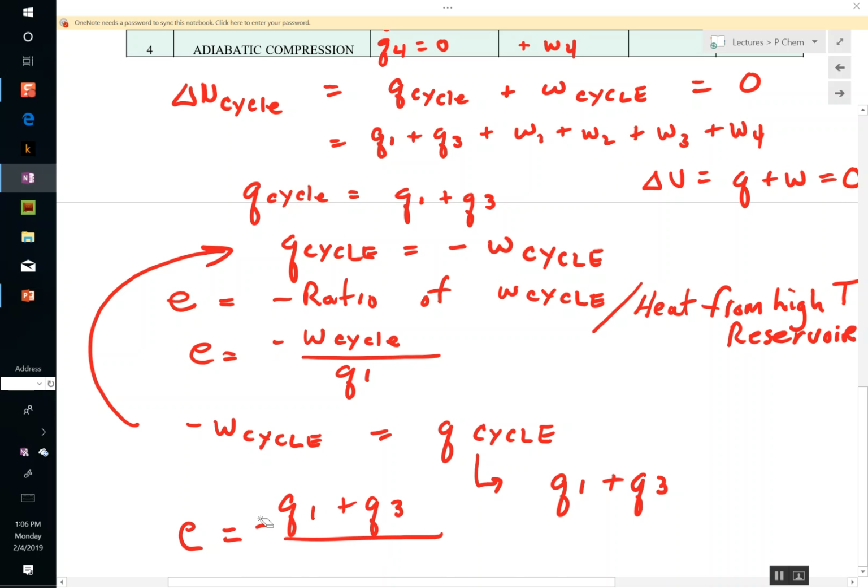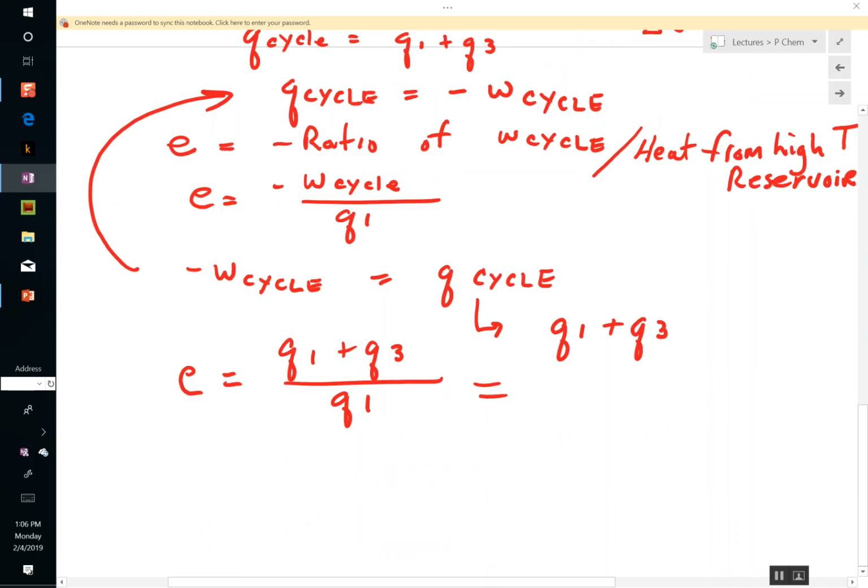Wait, I think we can drop this negative sign over Q1. Everybody with me so far? So Q1 over Q1 is 1. So this could be 1 plus Q3 over Q1. And so this is equation 3.6. Okay, I'll just circle that right there.